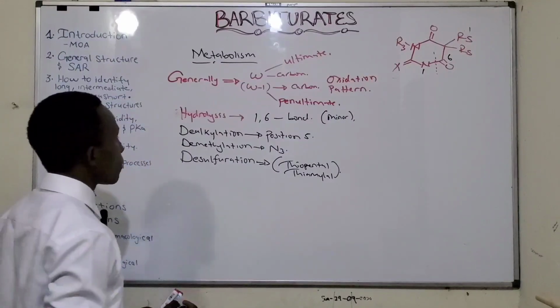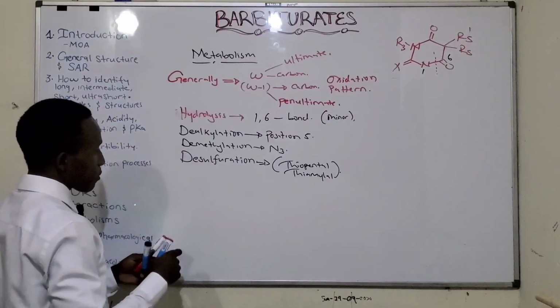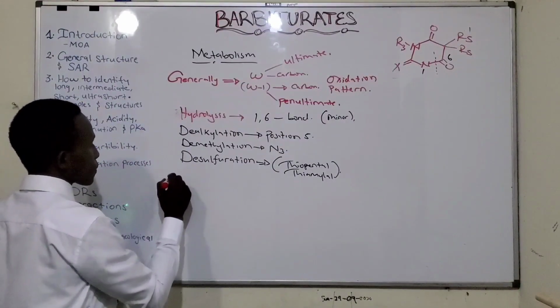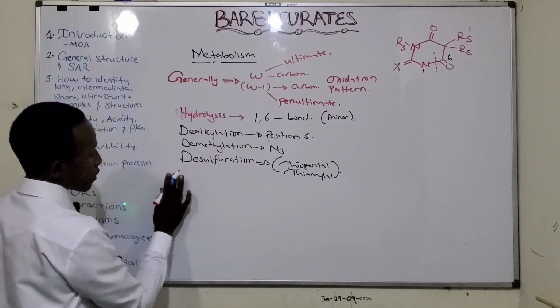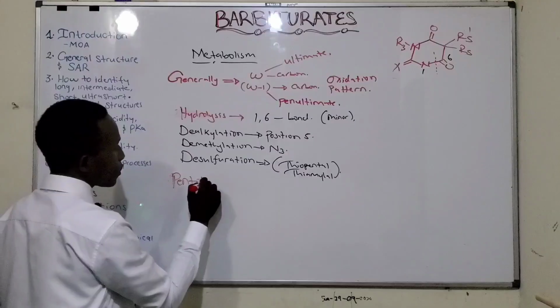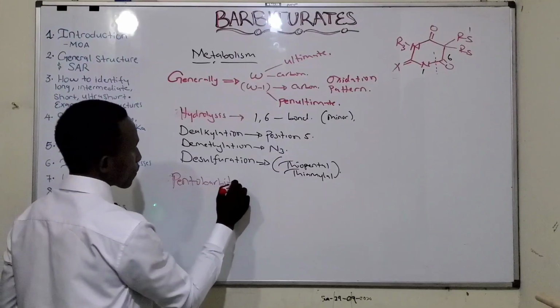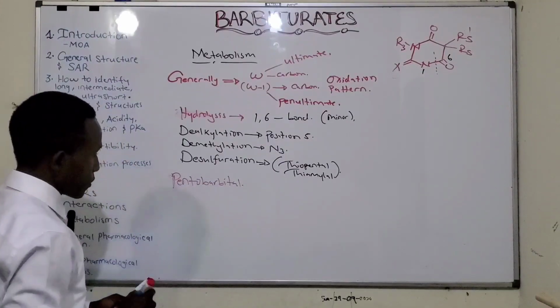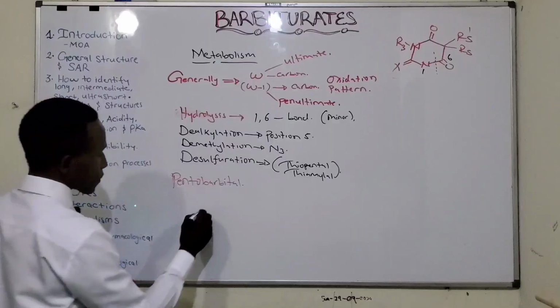Now, let's have an example. For example, phenobarbital. Okay, let's begin with pentobarbital. This is the structure.